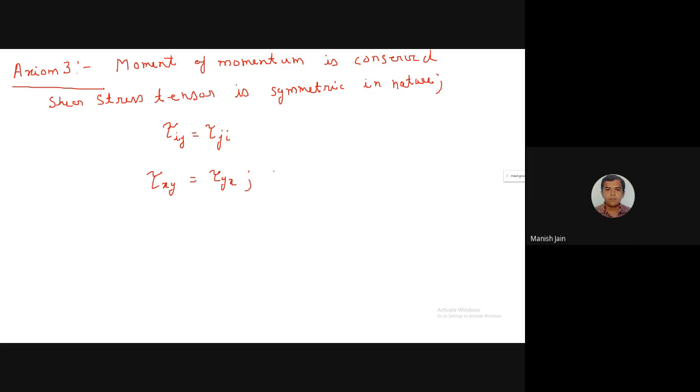Similarly, tau xz should be equal to tau zx, and tau yz should be equal to tau zy.